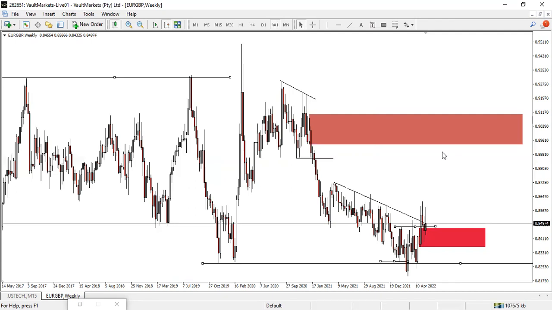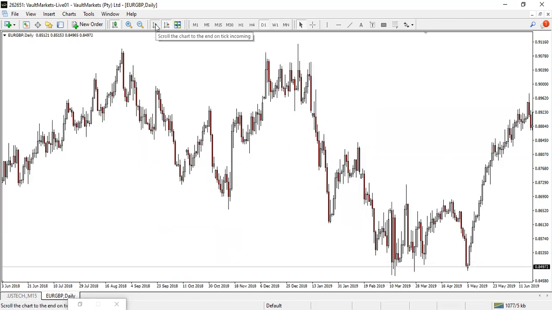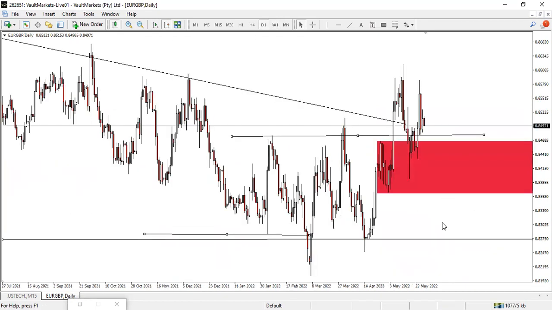So we are on weekly. Then when we go to daily time frame, this is what we have on daily time frame. Now, where exactly was that bullish order block in a daily time frame?